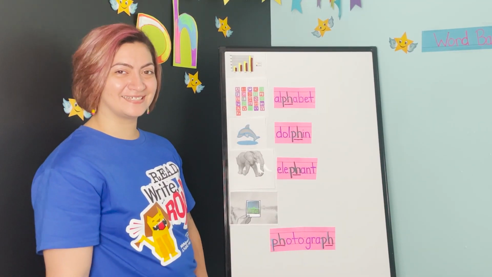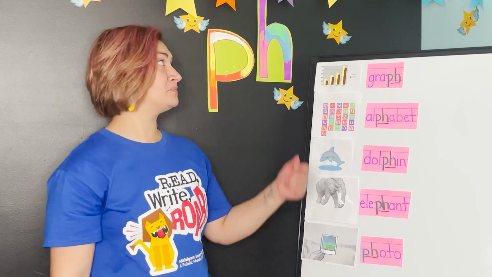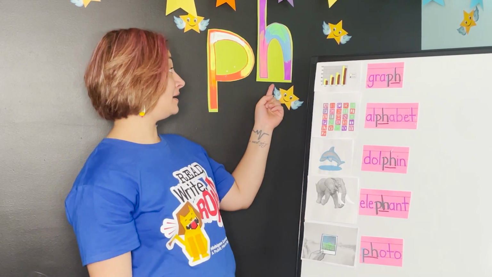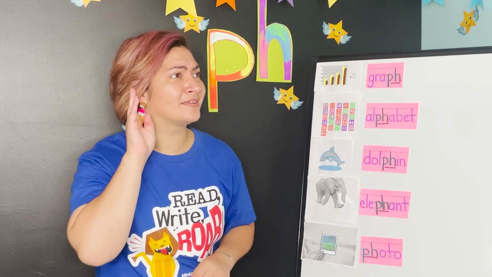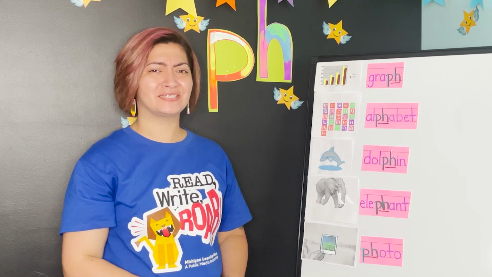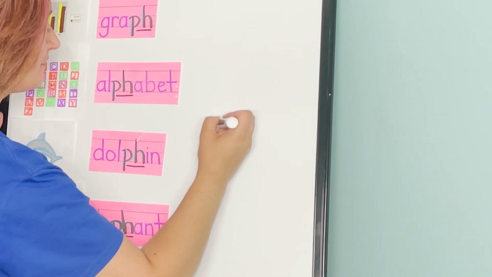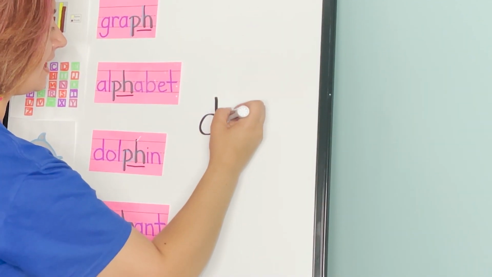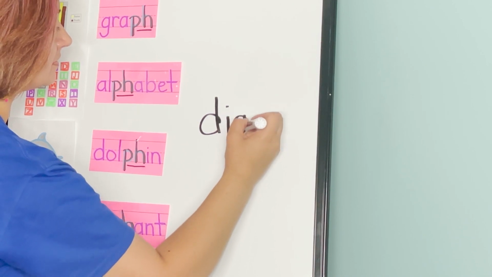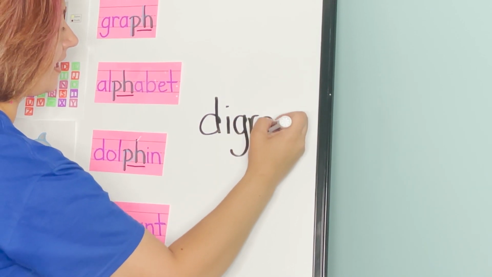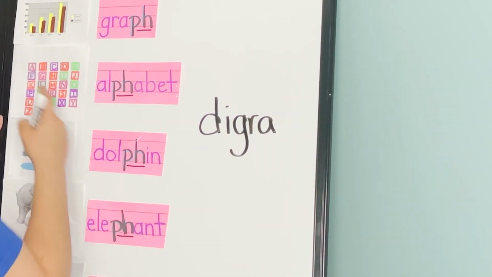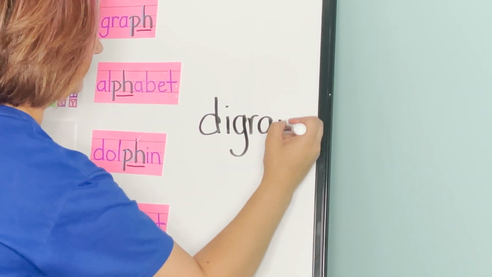Great work, scholars. Amazing work, scholars. Today we focused on reading words with what letters? P and H. And P and H come together to represent what sound? And it's only one sound because it's also known as a what? Do you remember? I'm going to spell it out for you. D, I, G, R, A, PH.